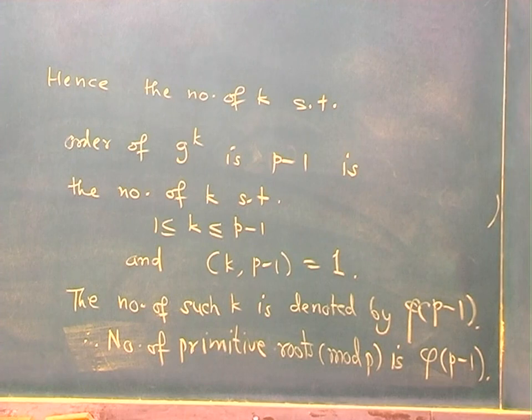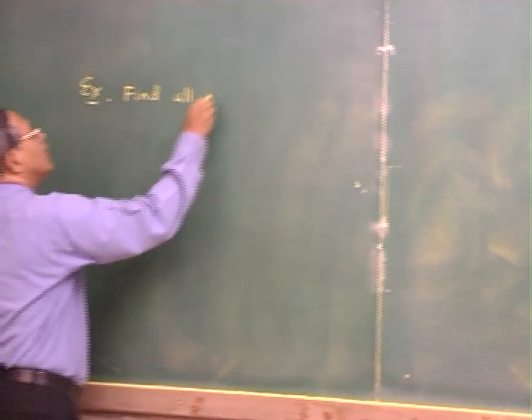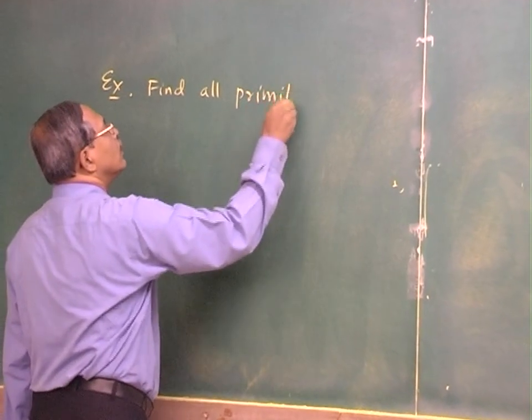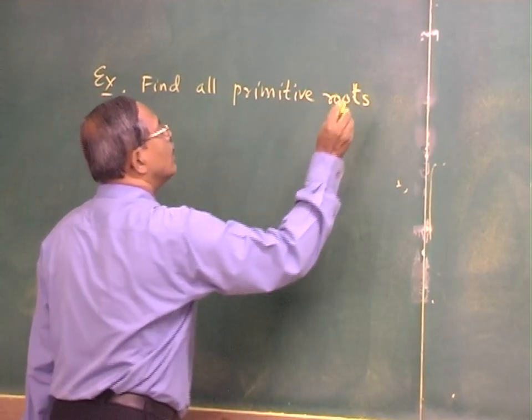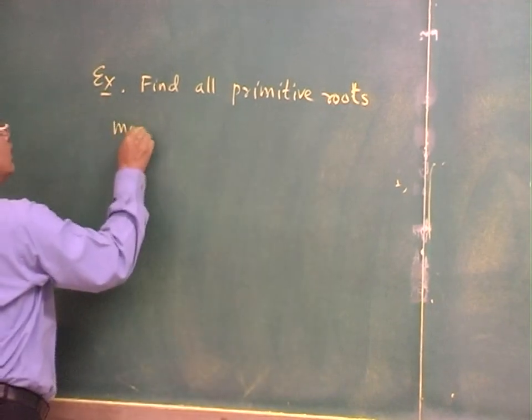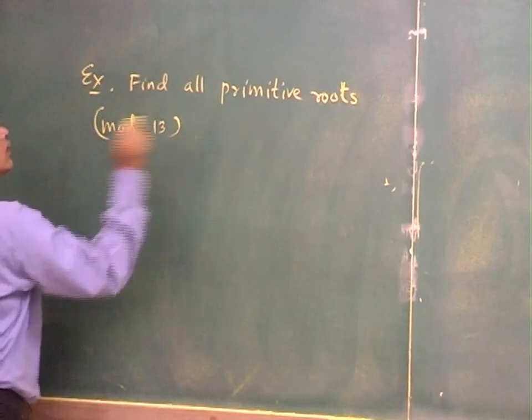Let us find, for example, all primitive roots mod 13.